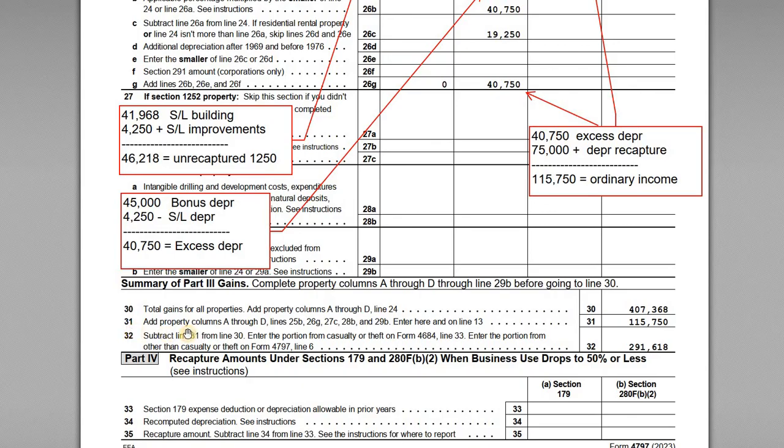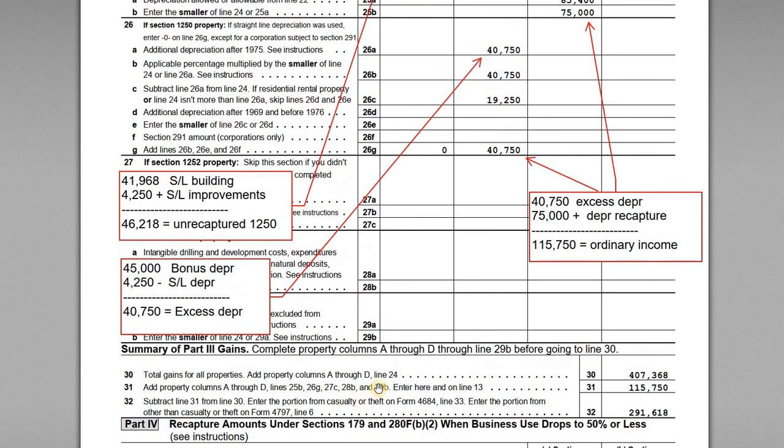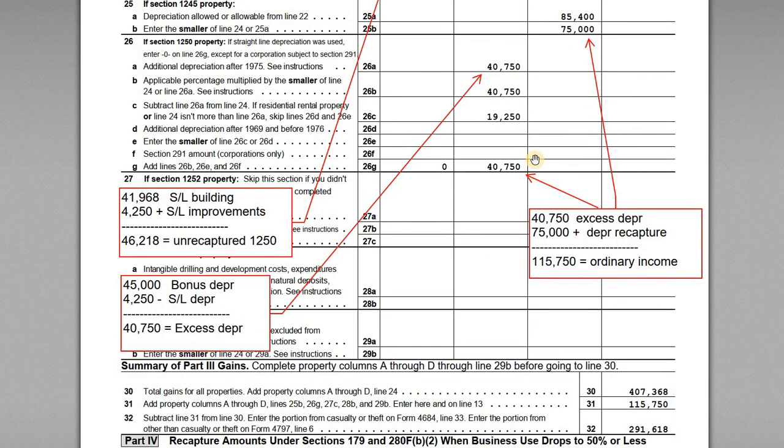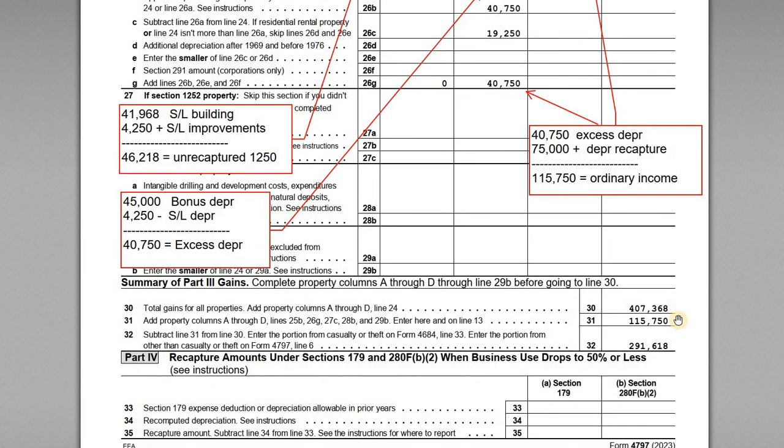$407,368. Line 31, we want to add up lines 25B, 26G, and 27C, 28, and 29, and so on. So 25B is the $75,000 figure, 26G is the $40,750, and we're left with $115,750.